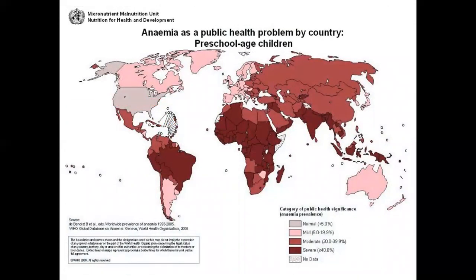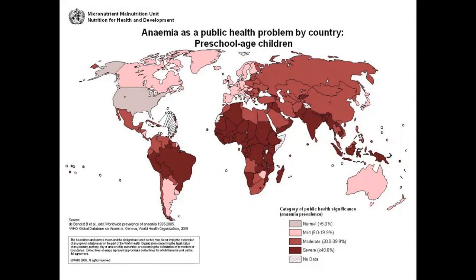And in this map, you can see that anemia is a global problem in the world. You see that anemia is prevalent in many countries. And you see that the more the prevalence of anemia, the deeper the color of the country.